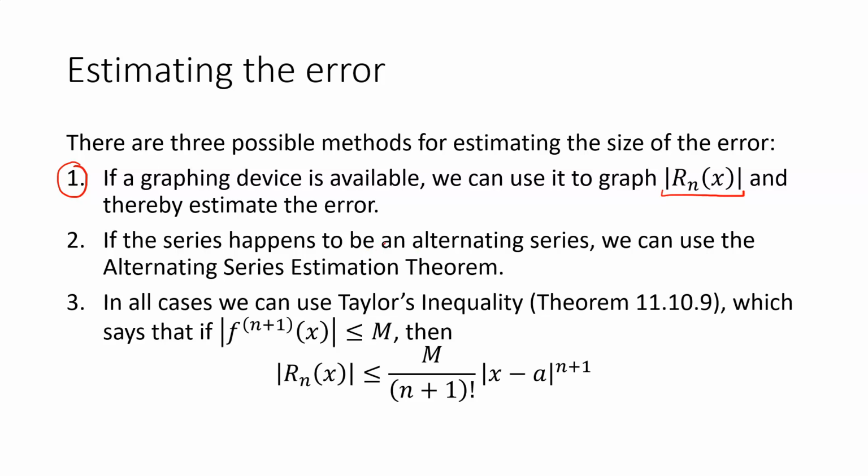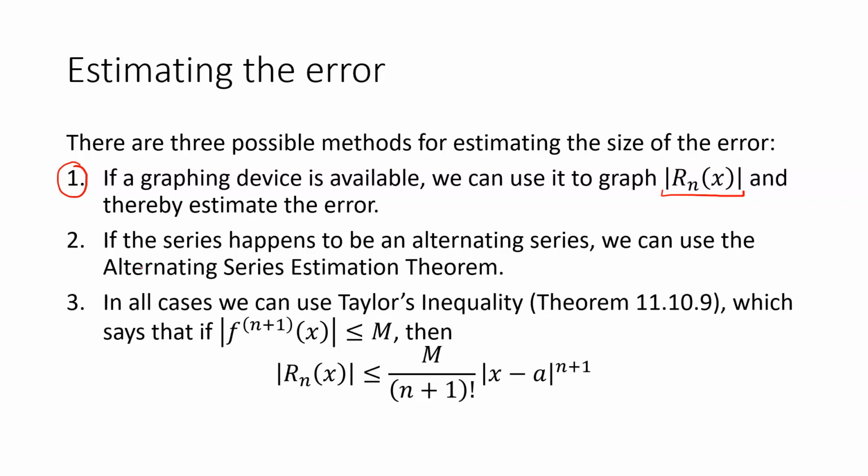By observing how those two graphs compare, we can see where they begin to go apart from one another. The idea is that the graph of f of x and the graph of Tn of x should be close to each other in a particular range around the center a. But if we go further away from a, then the two graphs are going to begin to diverge from one another. And so the question is, how close to a do we need to be within a desired error?